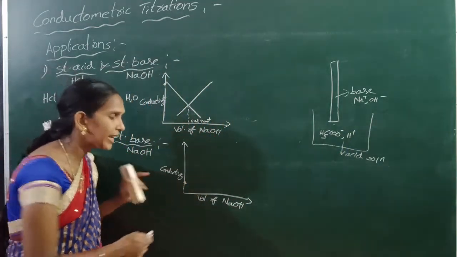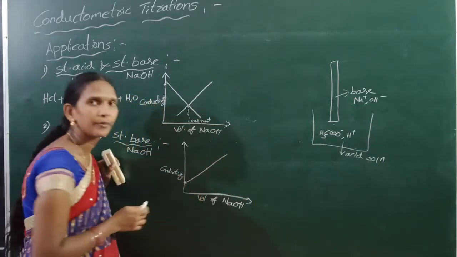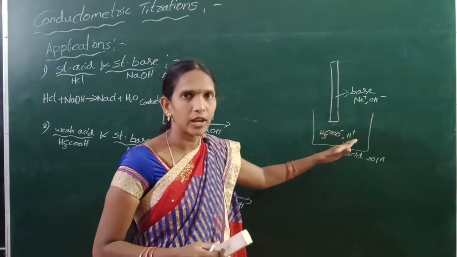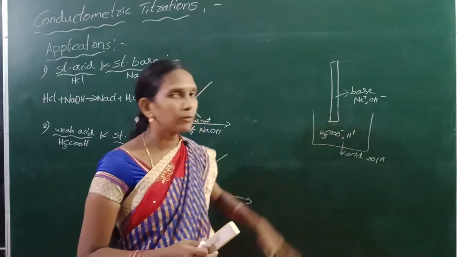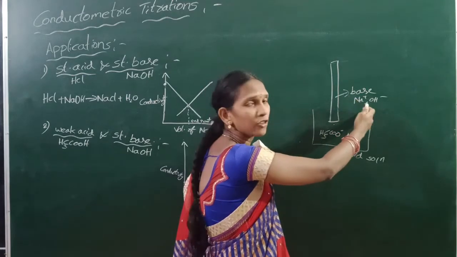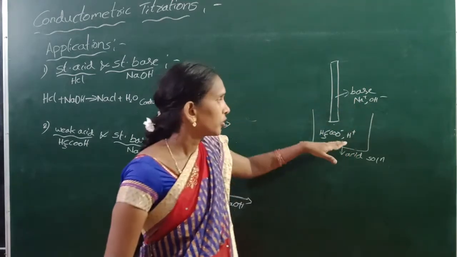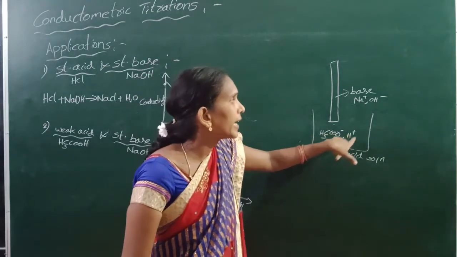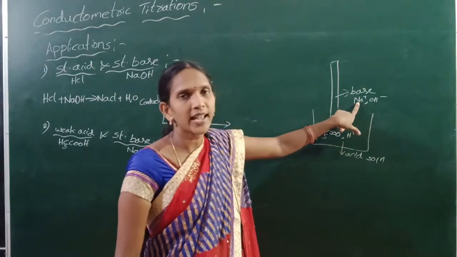The conductivity is increased by addition of NaOH. That means if you add NaOH solution to this acetic acid, these H+ ions are replaced by Na+ ions.